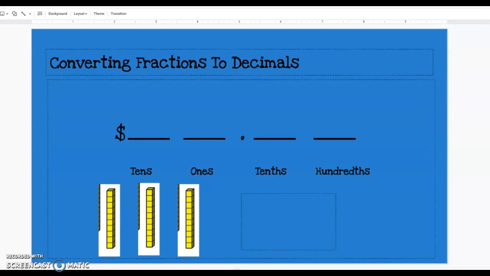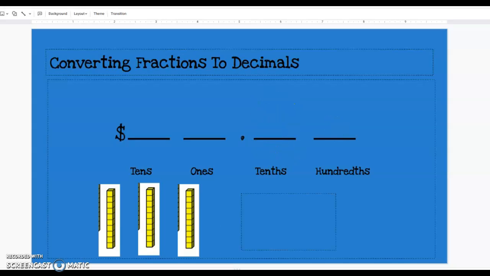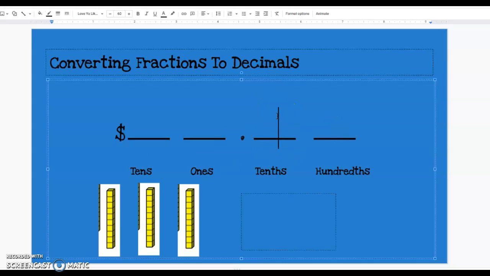So take a look at this. I have 3 rods. How would I represent 3 rods as a decimal? Well, if I look back here, I can see that 1 rod equals 1/10. So 3 rods must equal 3/10.